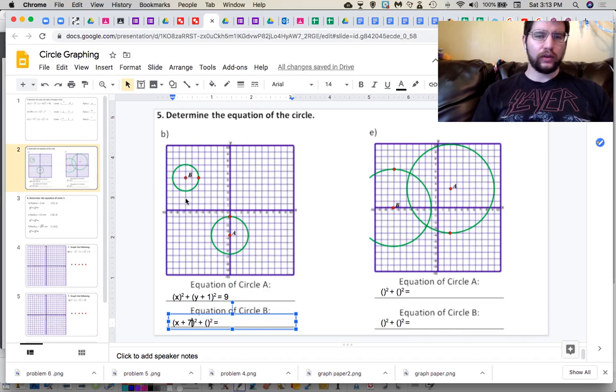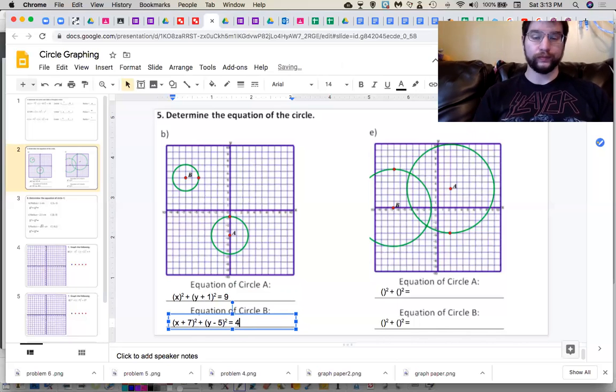Then we're going up 1, 2, 3, 4, 5. We went up 5. That means we need to put y - 5. And then if we count from this dot to that dot, that's 1, 2. 2 squared is 4. And that's it for that one.